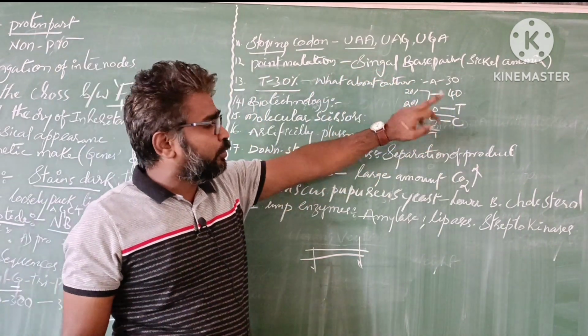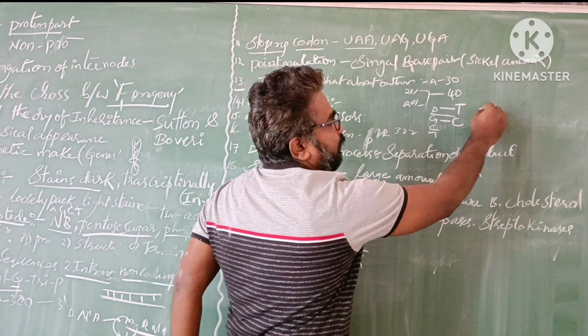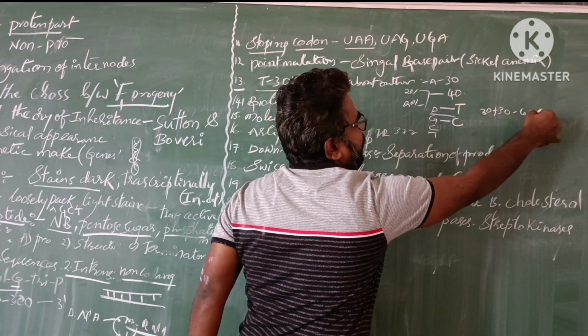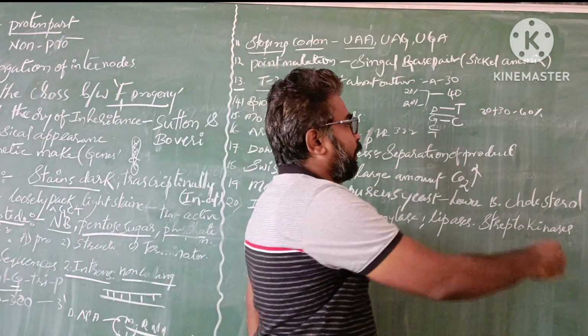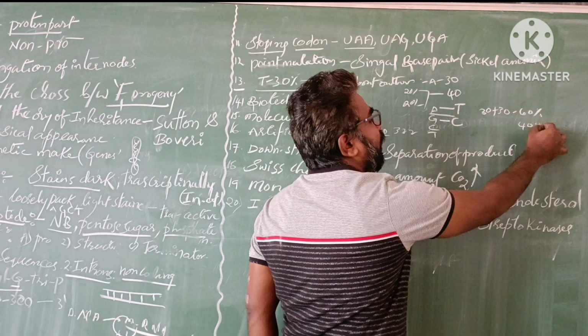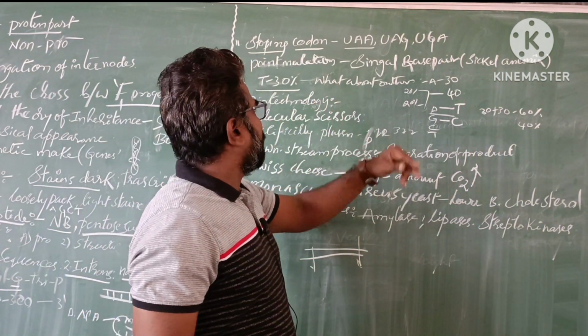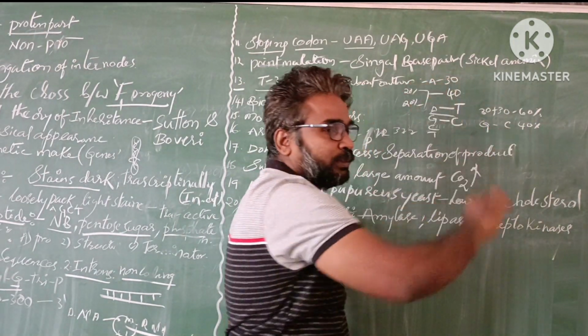What about adenine? Adenine is also 30%. Means 30 plus 30, 60% is completed. Remaining how many percent are there? 40. In this 40 percent, two remaining nitrogen bases are there, guanine and cytosine.